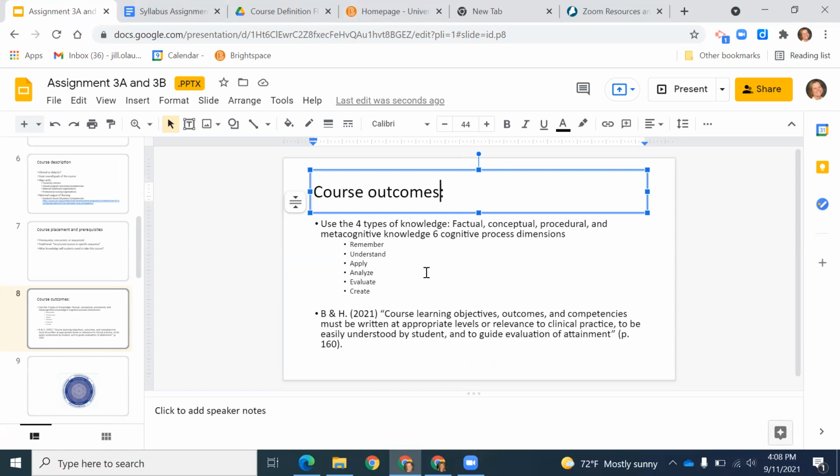So have at least 4 course outcomes. Each one of you should try using 1 factual outcome, 1 conceptual, 1 procedural, and 1 metacognitive. And there are 6 cognitive processes: remember, understand, apply, analyze, evaluate, and create.